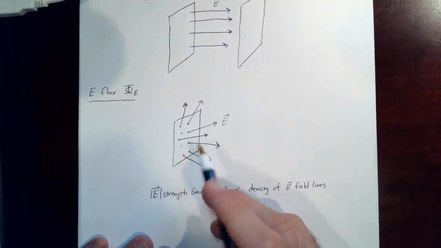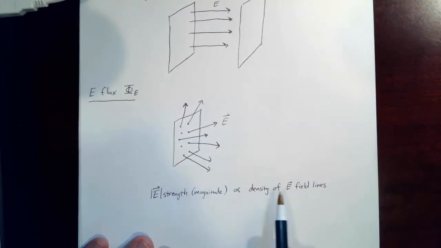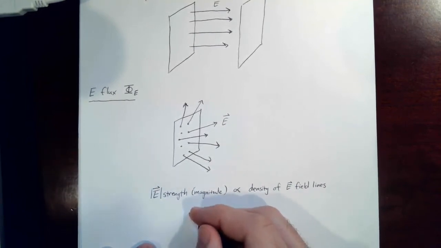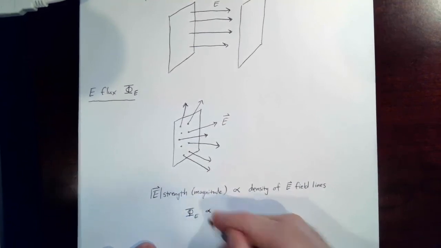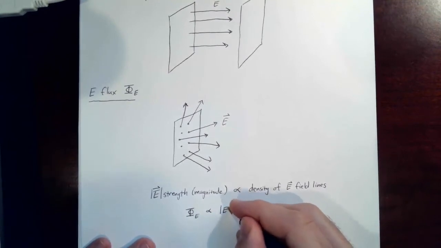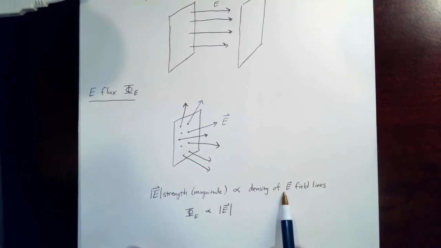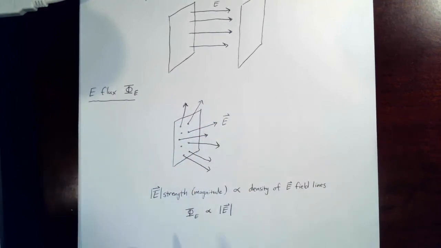So by that reasoning, the electric flux should be proportional to the density of the field lines, which is proportional to the strength of the electric field. So our first conclusion about the electric flux is that it's going to be proportional to the magnitude of the electric field. So stronger field means more field lines, which means more flux, more lines penetrating a surface.